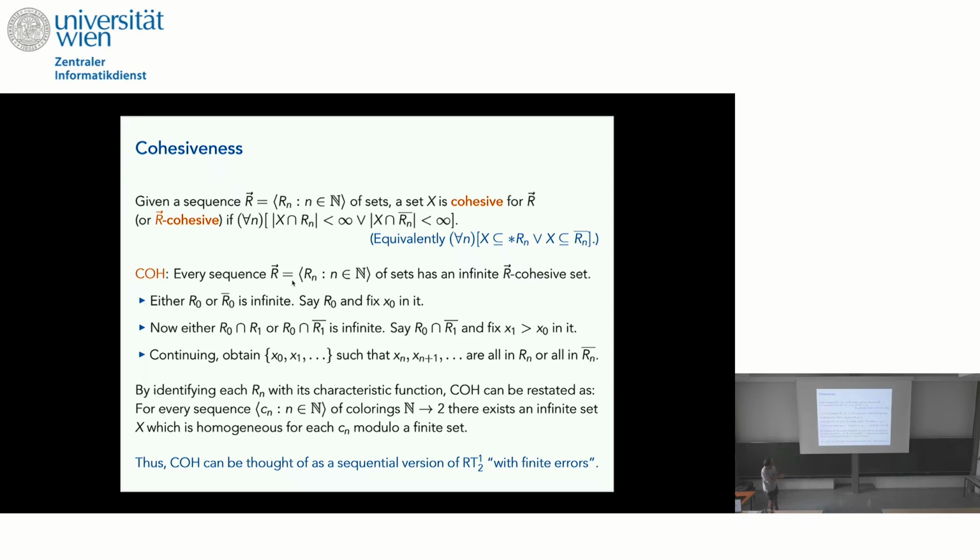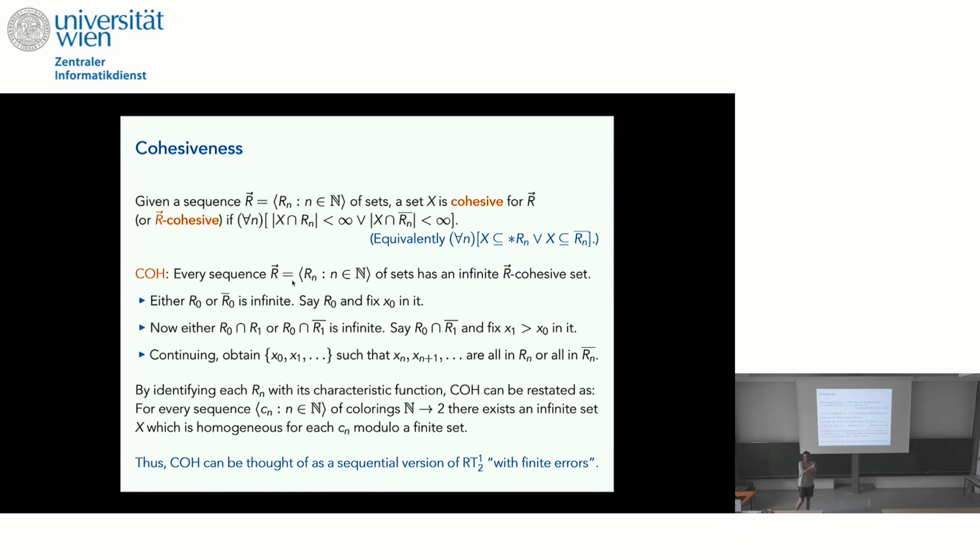Oh, this should be a superscript, which is missing there. Sorry, almost contained in. This is not all the way contained in. So you can start building inside, say, R0, and maybe the intersection of R0 with R1 is finite, and all those points you picked in R0 were in R1.